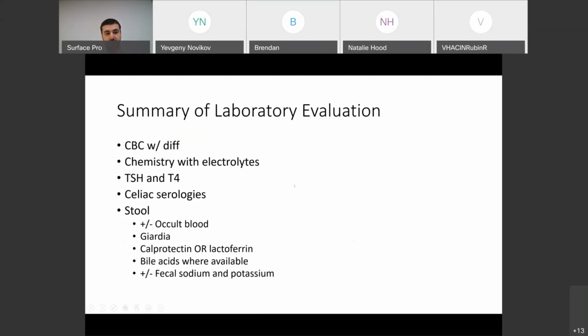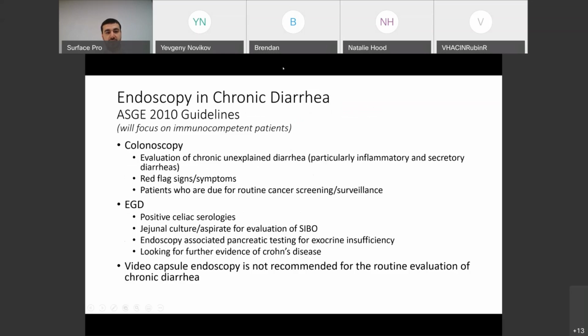All right. So endoscopy and chronic diarrhea. These are from our guidelines, from the ASGE guidelines, and I'm just going to focus for the purpose of this talk on immunocompetent patients. There is no emergency endoscopy in diarrhea patients, so you're not going to get a scope on a weekend for any of these patients. But reasons to scope in general are if you have unexplained diarrhea, particularly inflammatory and secretory diarrheas get our attention.